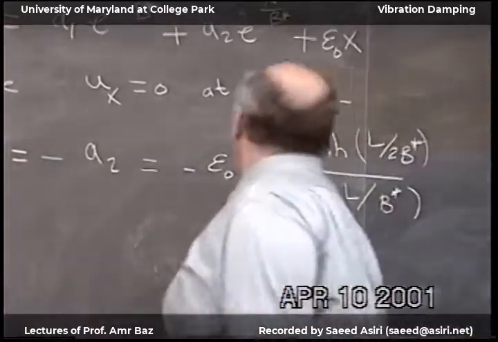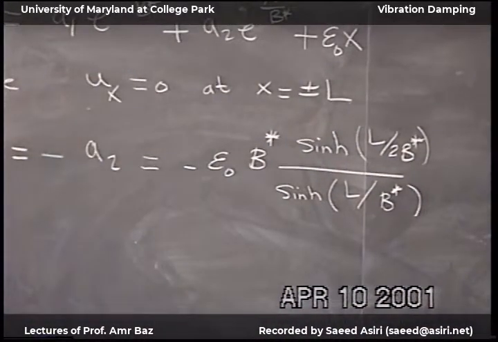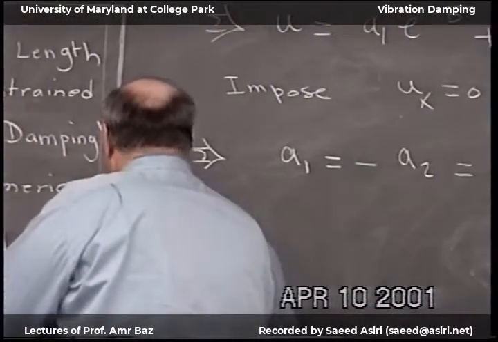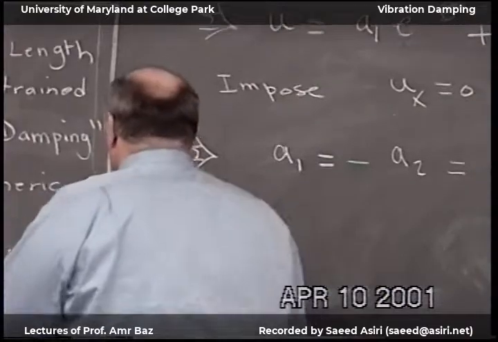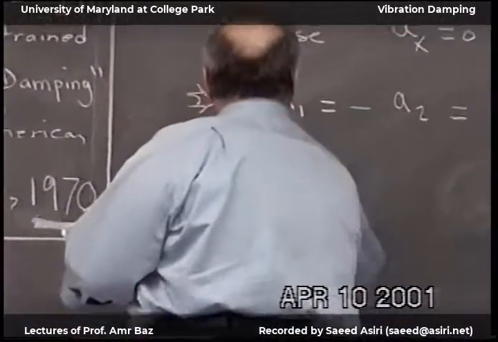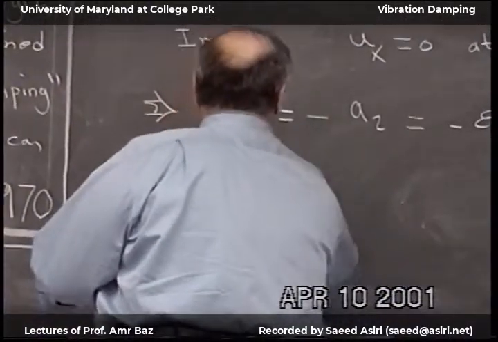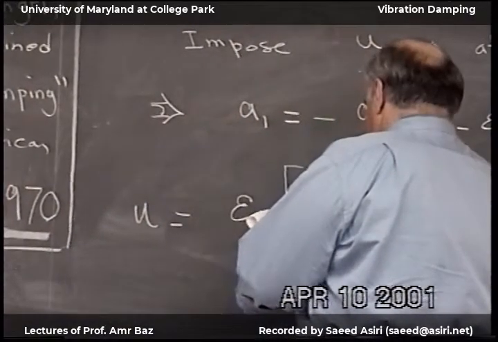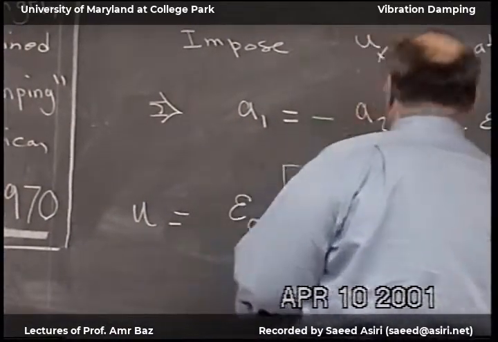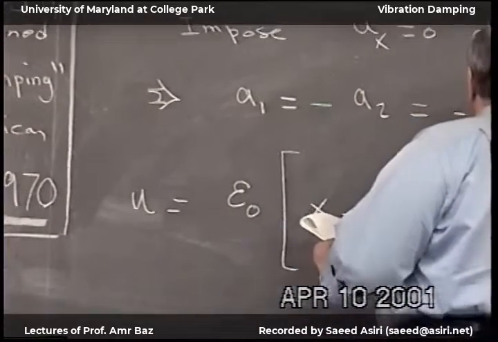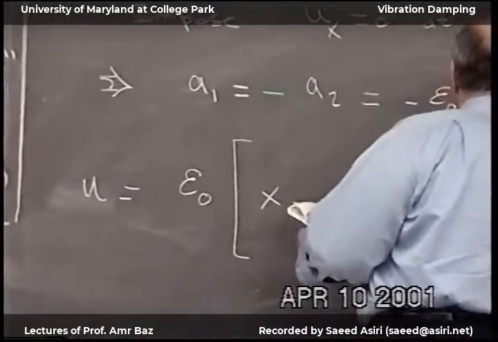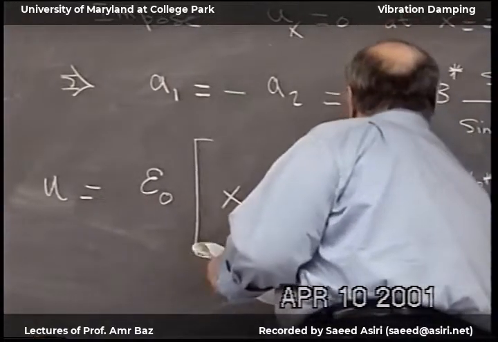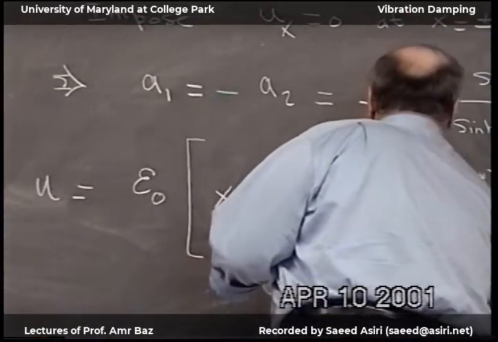And from here we have u. We'll find it to be equal to epsilon 0 times x minus b asterisk sinh of x over b asterisk over 2 sinh of L over 2 b asterisk.